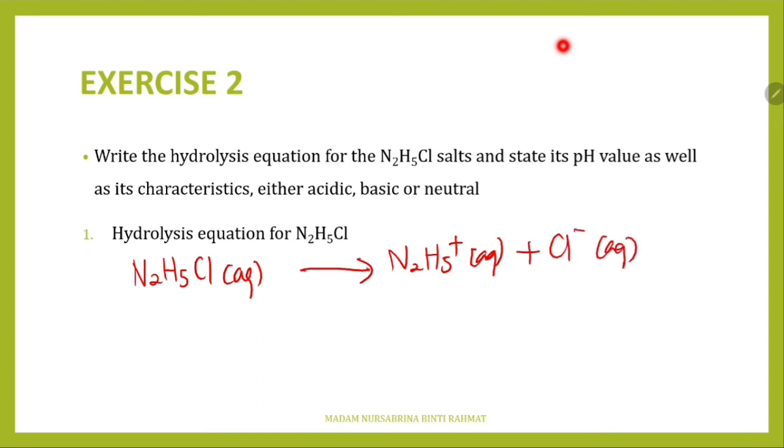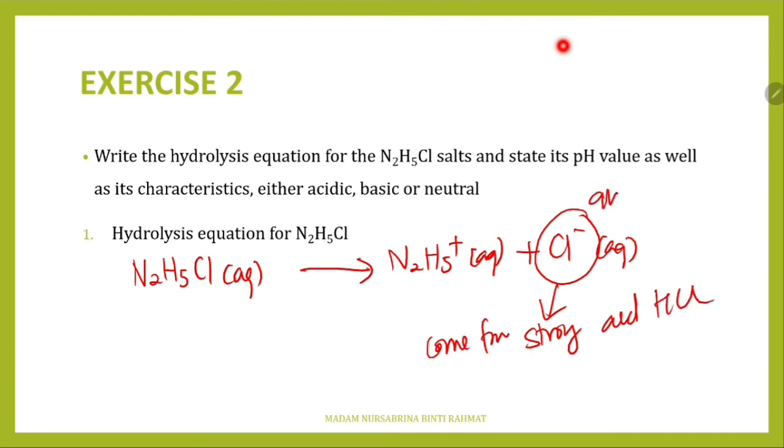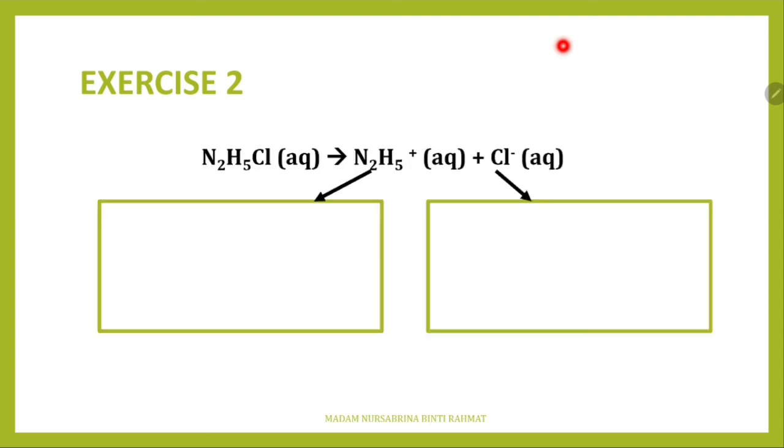Automatically we know that this anion comes from the strong acid HCl. So this is your anion, and N2H5 plus is the conjugate acid, which comes from a weak base.